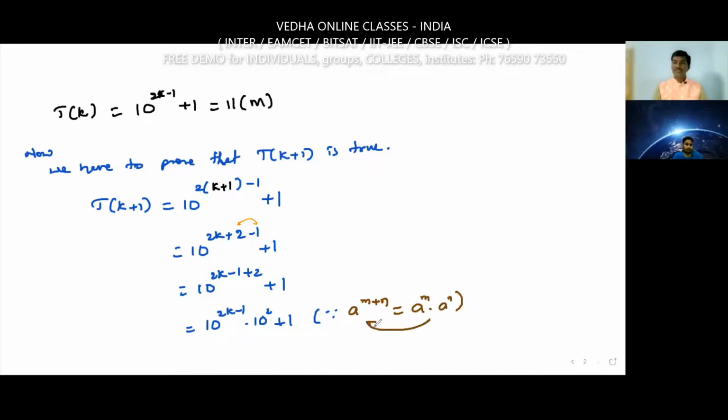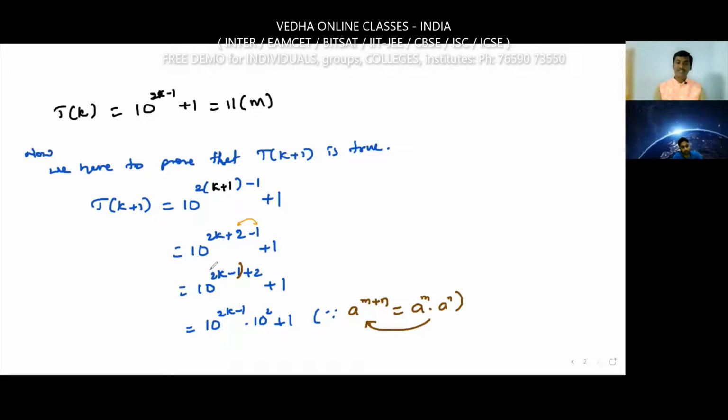Usually, most of the times, we apply it in the reverse: a power m into a power n means a power m plus n. But in this case we are applying it in the reverse, so a power m plus n is equal to a power m into a power n. Whenever we have addition in the middle, we can write the same base for both the powers.